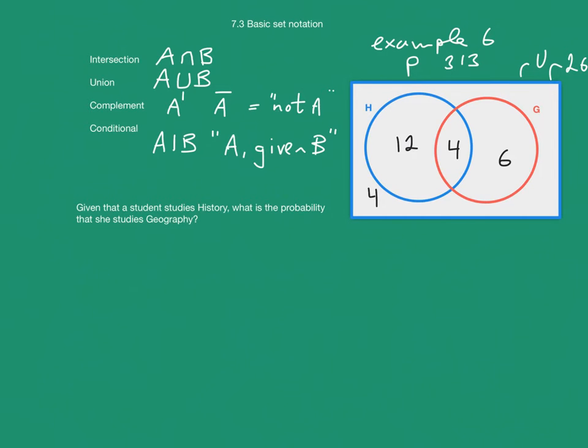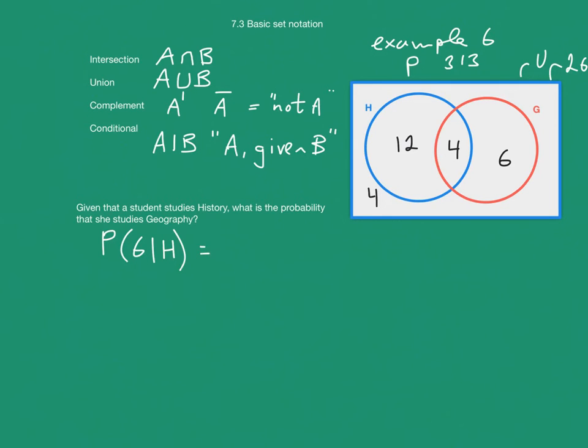And this is going to look like, so we want to find the probability that a student studies geography, given that the student studies history. So the given part comes after this line here.